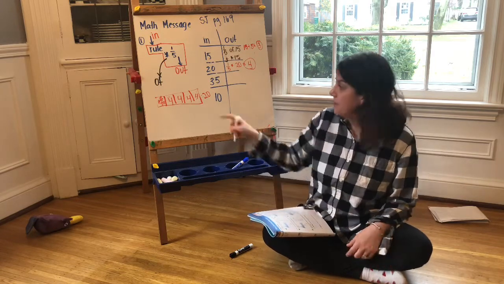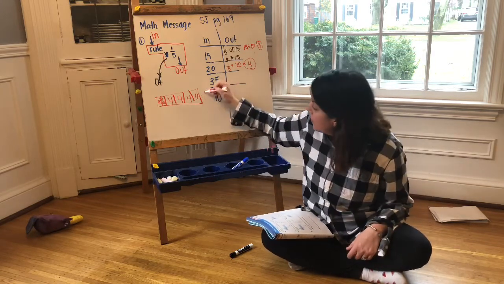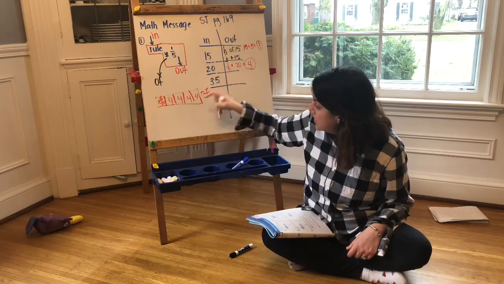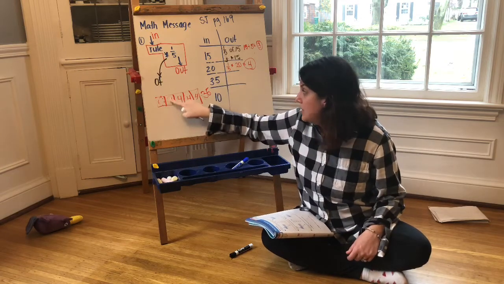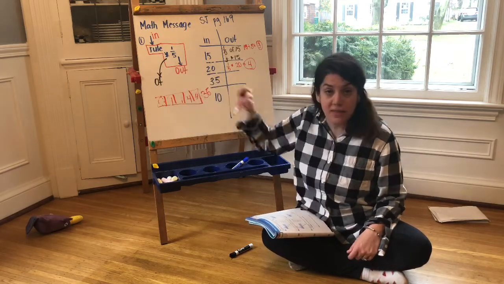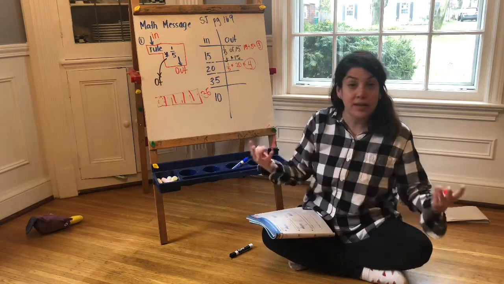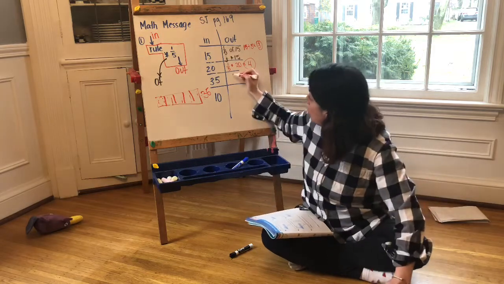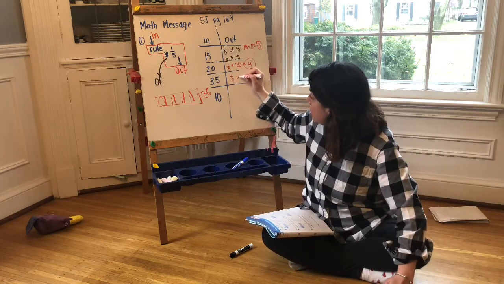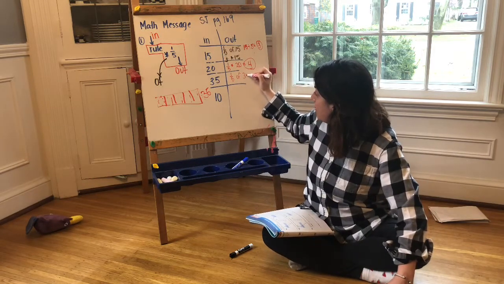So now you have 35 people hanging out in Elsa's castle, and Elsa wants 1/5 of those people out. So how many people are going to leave? Well, 1/5 of 35.